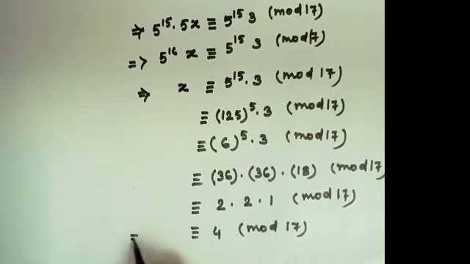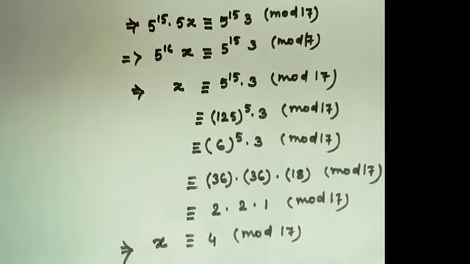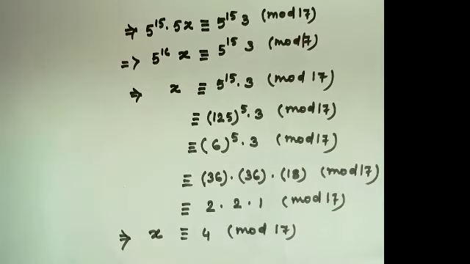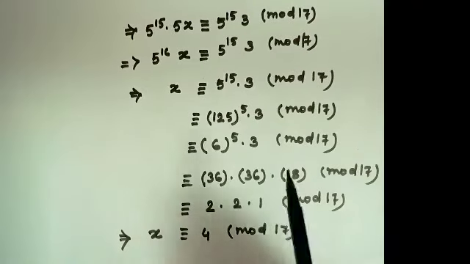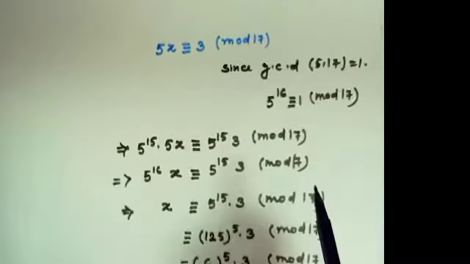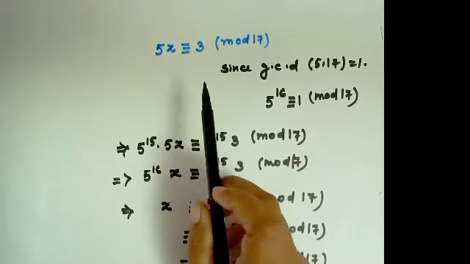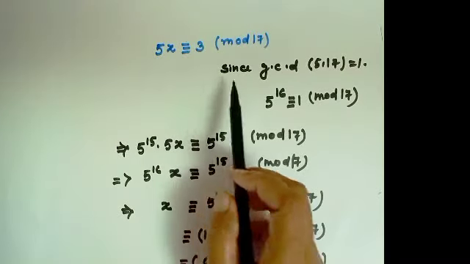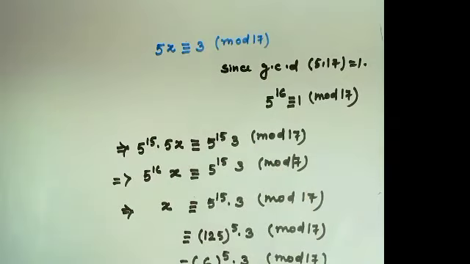That implies x is congruent to 4 modulo 17. This example is very important. You can solve any linear congruence by this method.